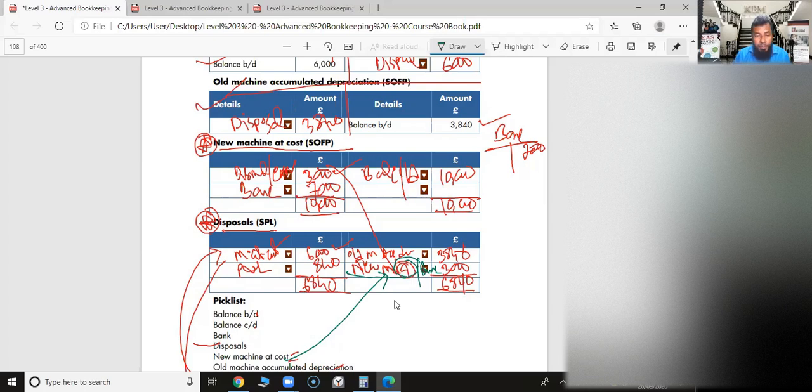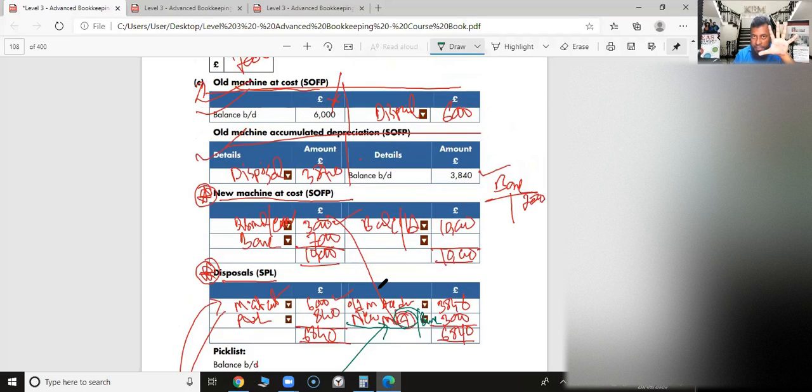Any questions so far? Summarizing everything in 1 minute for you people. Stay focused. I've taken another color pen. The first thing I did is dispose of my asset by writing on the credit side. Asset account, balanced, gone. Second thing you got to do is vanish your accumulated depreciation. Write on the debit side 3,840, and the depreciation is gone.